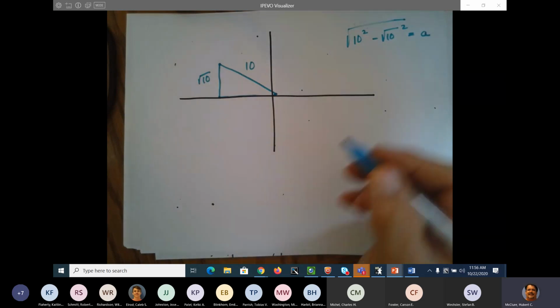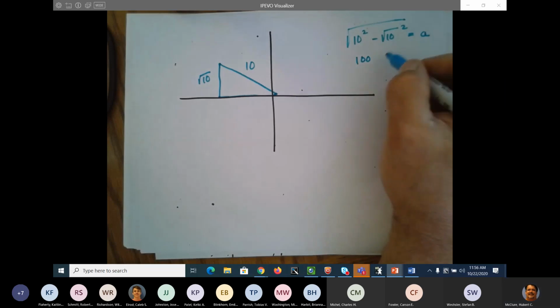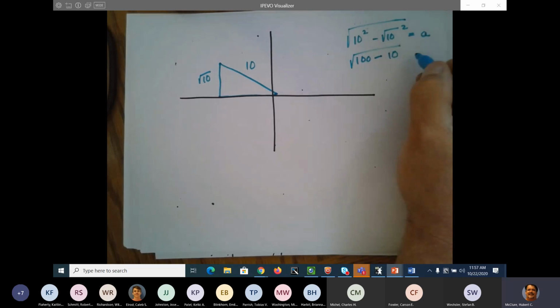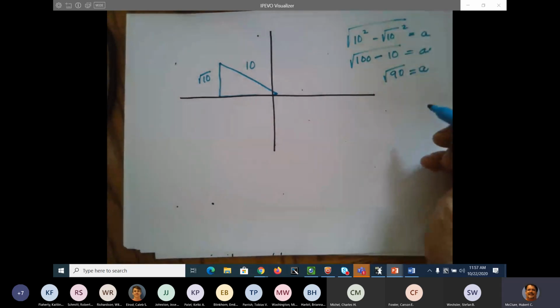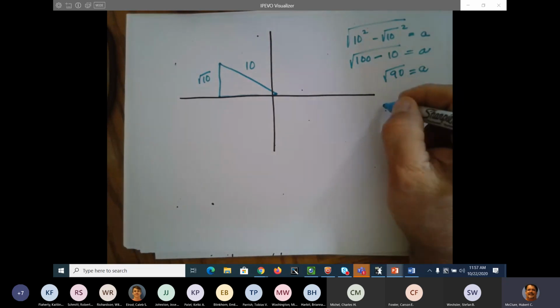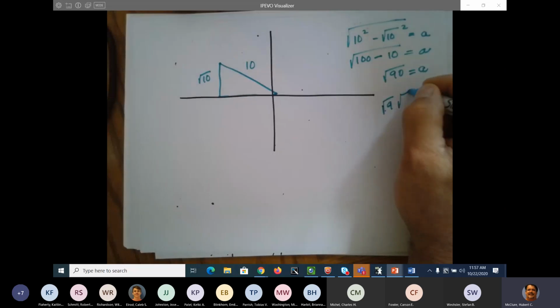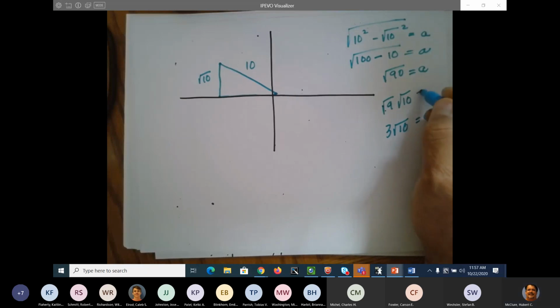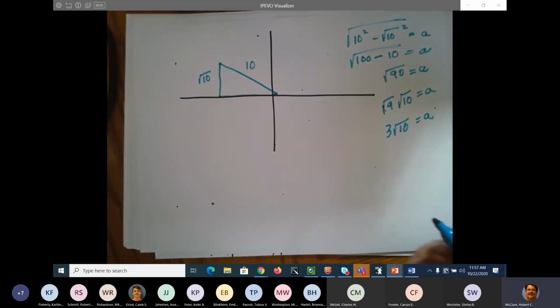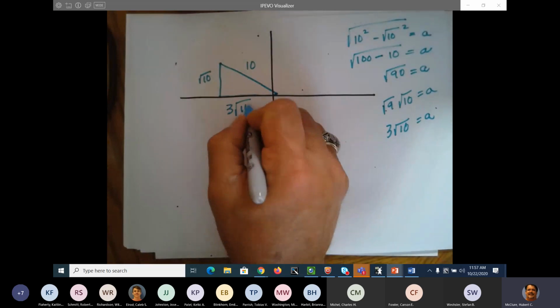Well, 10 squared is 100 minus 10, and that's equal to 90. We could break 90 up into 9 times 10. So square root of 9 times square root of 10. 3 square root of 10 is equal to A. And 3 square root of 10 is going to be negative.